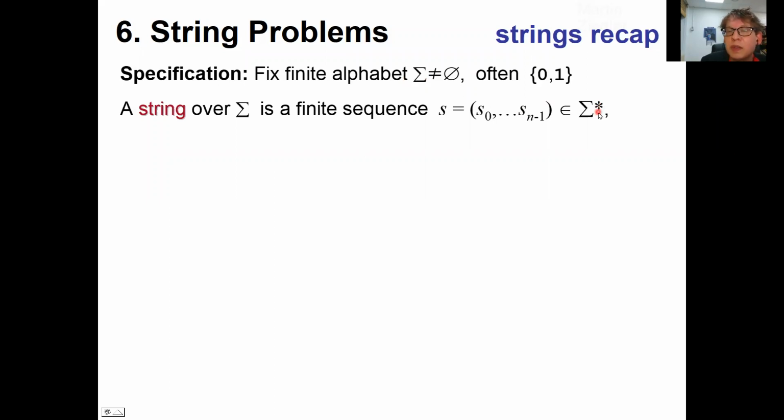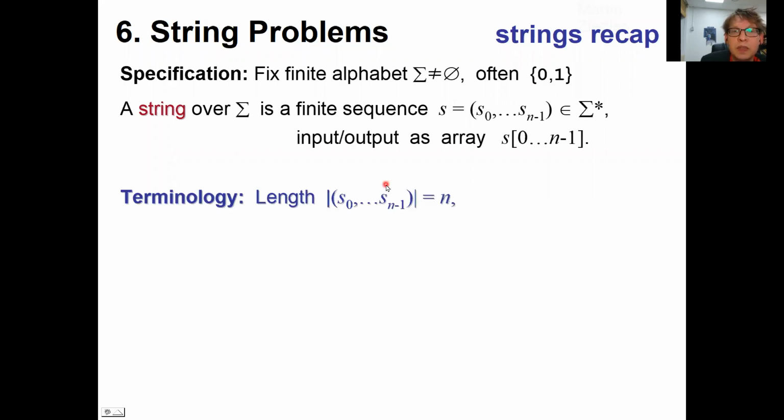So if we raise the alphabet to the nth power, then that means n-fold Cartesian product. It means that we're talking about strings of length precisely n, and the star indicates that we're talking about strings of arbitrary finite length.